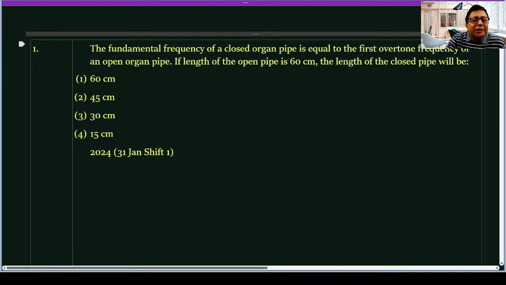I hope you remember the formula required for the intensity of transverse wave, the stationary wave, Newton's formula in waves, and stationary wave in strings and stationary wave in closed pipe and open pipe. I will definitely remind you whatever formula is required.